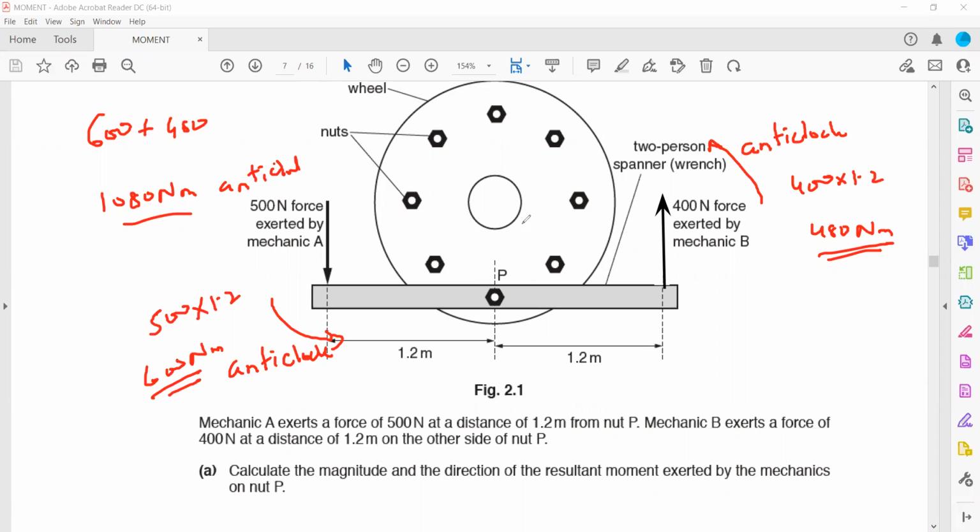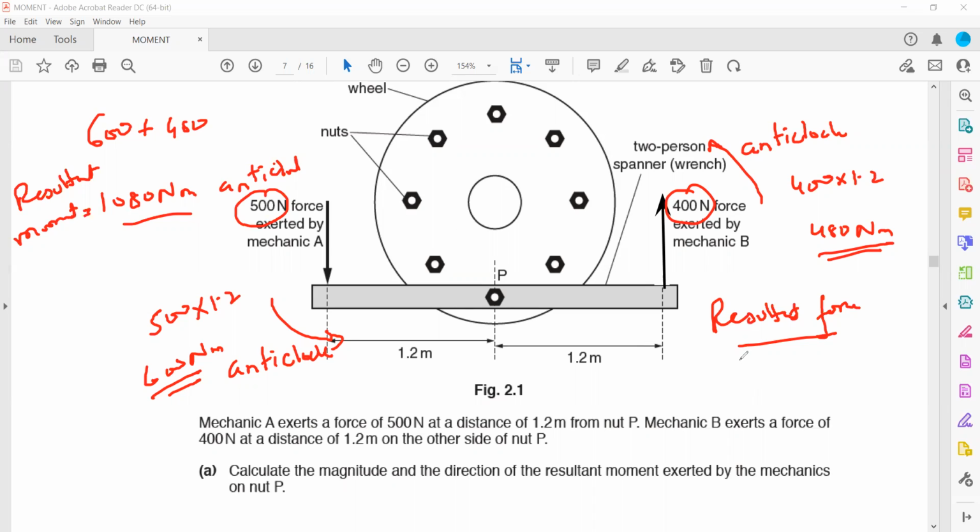And what is the resultant force? For resultant force, we don't need the distance from the pivot. We just check the direction of the force to get the result. That was the resultant moment. But if we need the resultant force, a force of 500 Newton is acting downward and 400 is acting upward, as mechanic B reverses the direction.